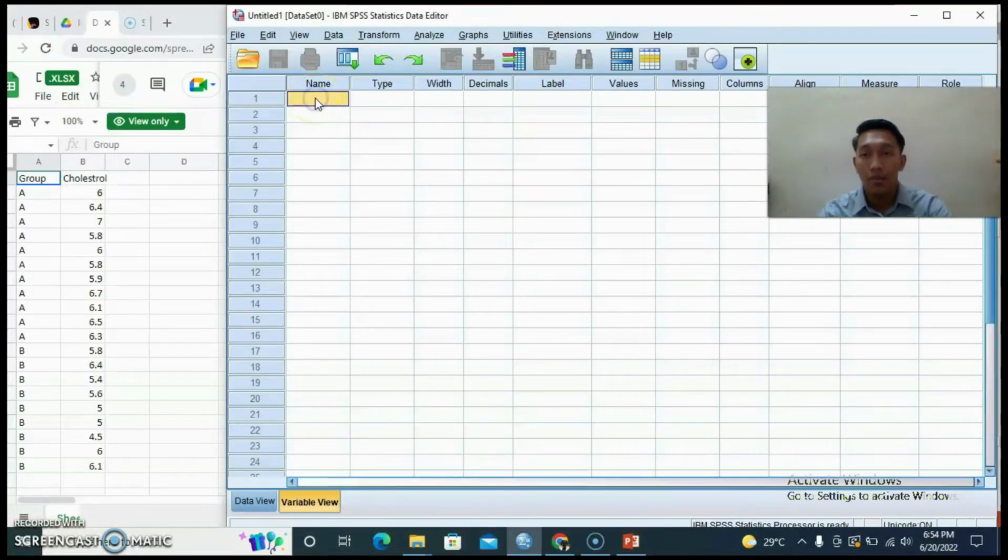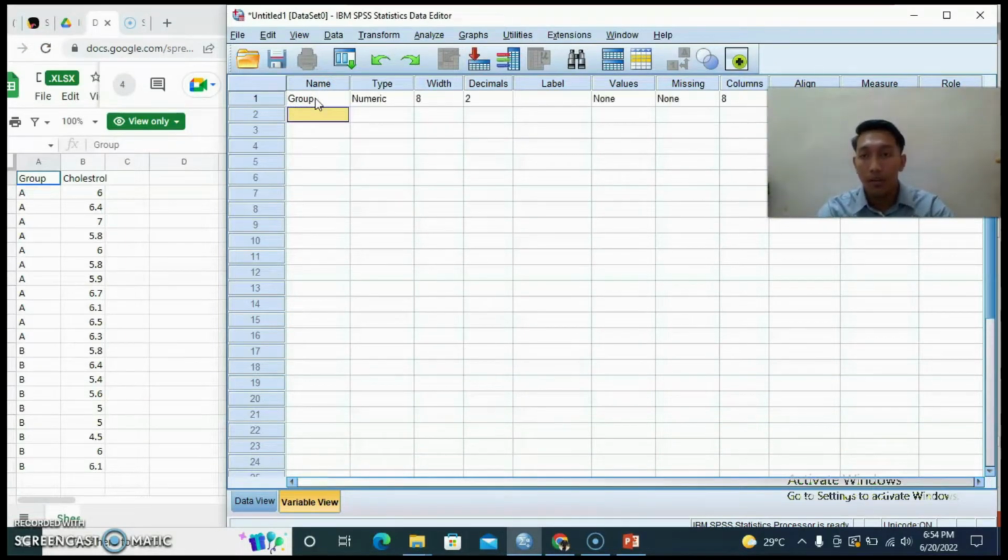For the name, number one you need to put group, and number two is cholesterol level. For the decimal, group is 0 and cholesterol level is 1.